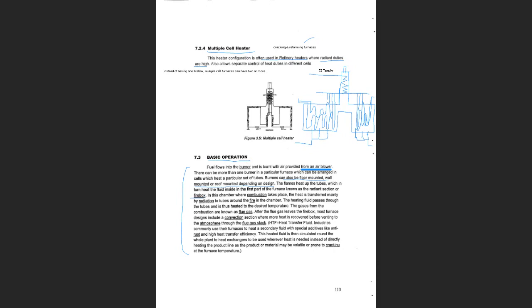In this chamber, we have combustion taking place, and the flue gases, and you have the convection section, where you have heat recovery before the stack. لاحظوا الأشياء هذه كلها تكلمنا عنها وين؟ خلال شرحنا للبويلرز.